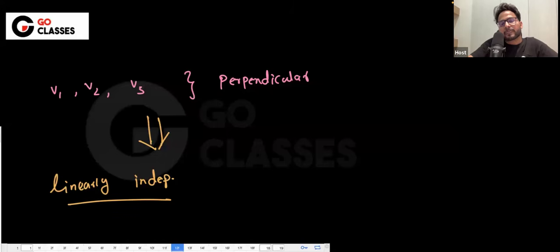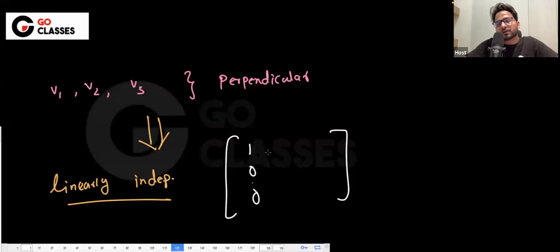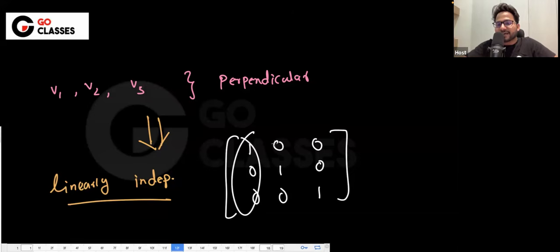Just consider a simpler example. See, these are the convenient vectors. Do you remember these vectors? Anyone remember these vectors? Right, these are the convenient vectors that we have. Now this is like the x-axis, y-axis and z-axis. Are these vectors perpendicular to each other?